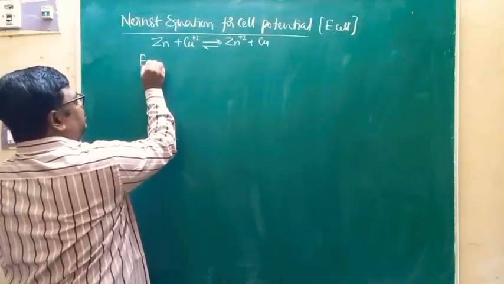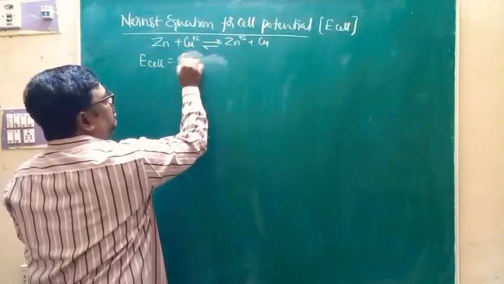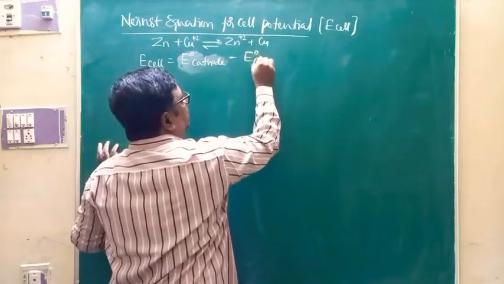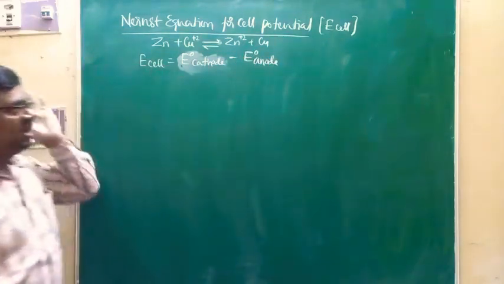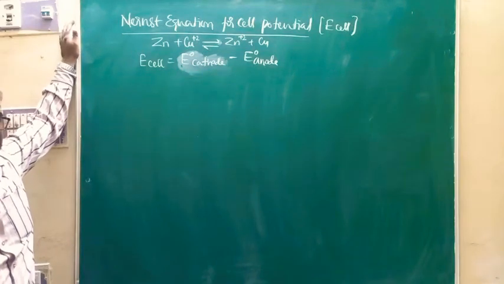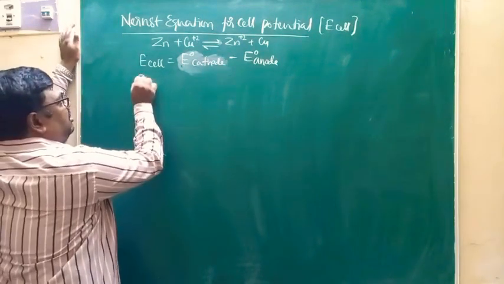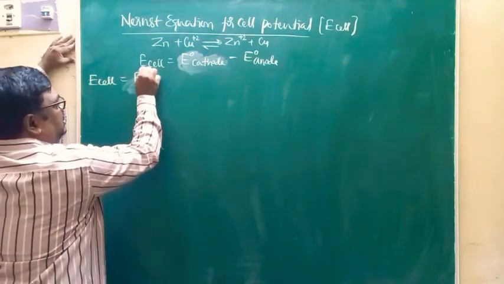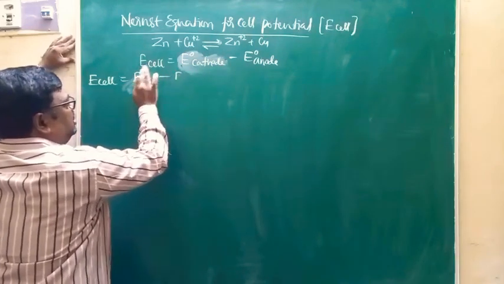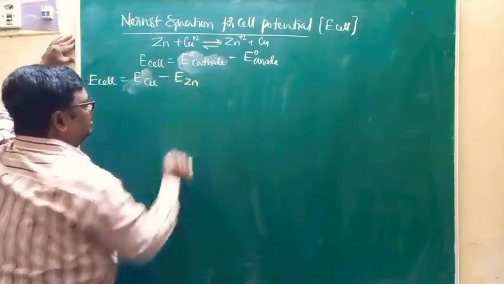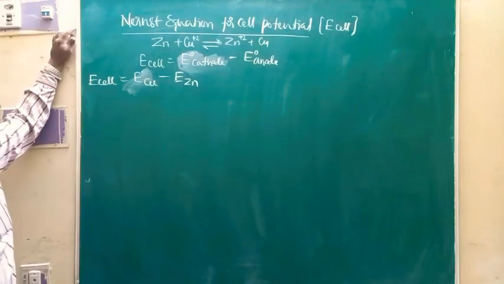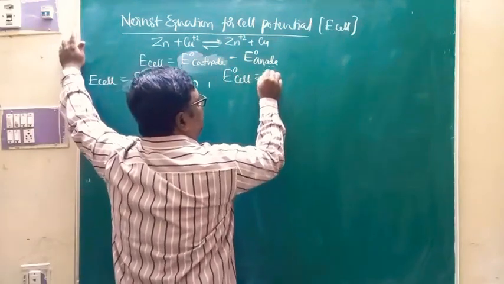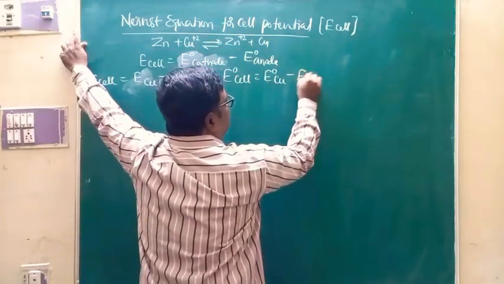According to our formula, E of cell is equal to E0 of cathode minus E0 of anode. This is the formula. Here, E of cell is equal to E of copper minus E of zinc, or E0 of cell is equal to E0 of copper minus E0 of zinc.